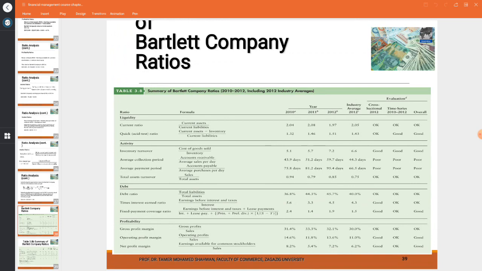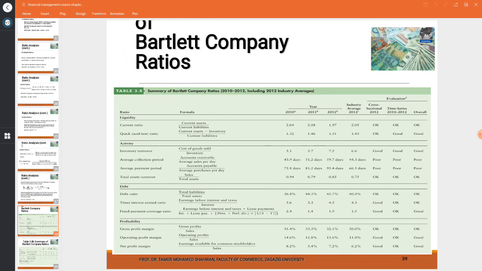To determine the liquidity position of this firm over the short term, I either depend on time series analysis or I'm using cross-sectional analysis. For example, using time series analysis, I'm going to assess the current ratio over a number of years. For example, here I'm assessing it in 2010, it is 2.04.